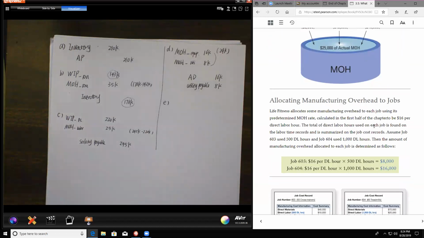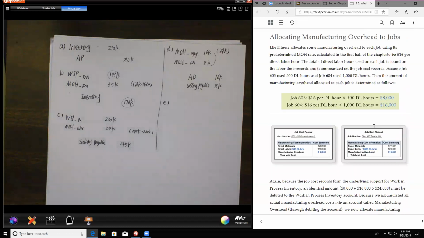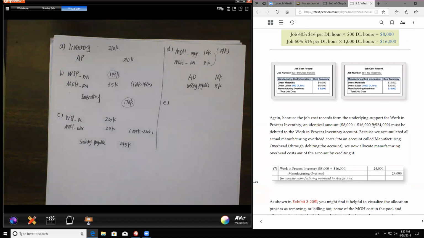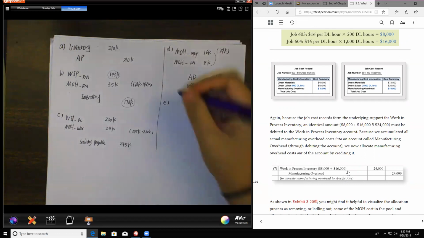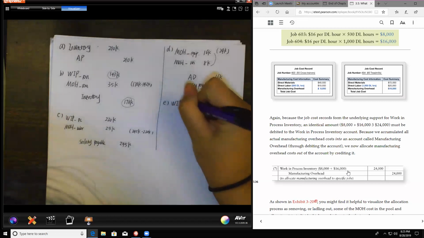Then we can allocate this manufacturing overhead to the jobs. When we allocate to a specific job, that will increase our work in process.